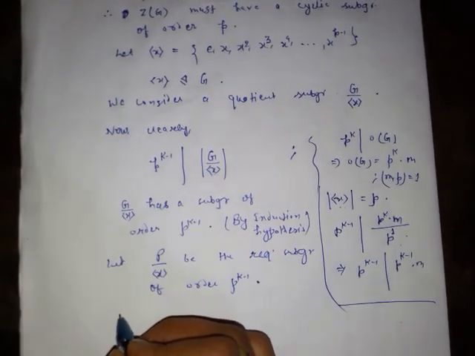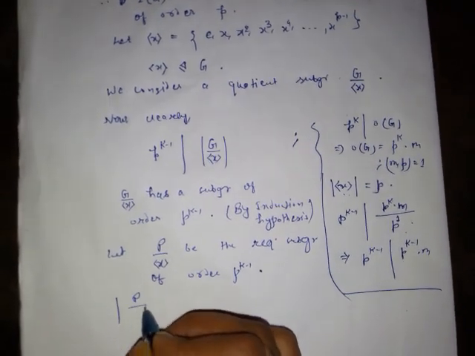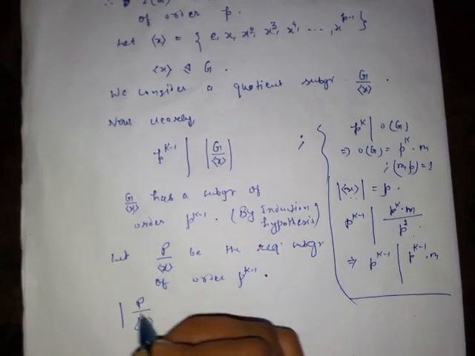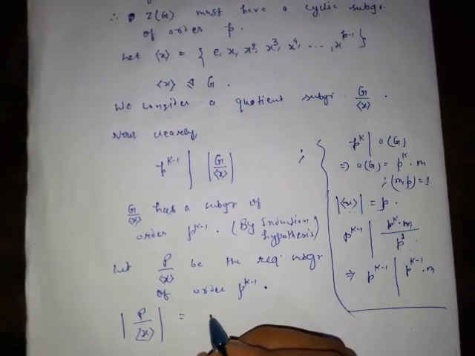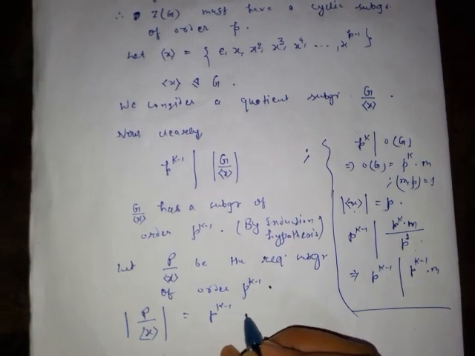Now the order of this subgroup is equal to p raised to the power k minus 1.